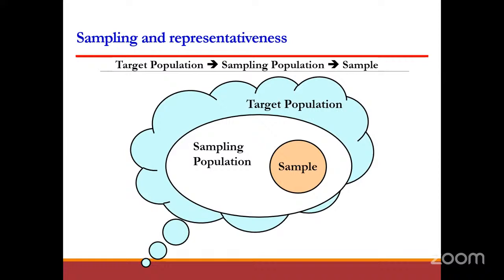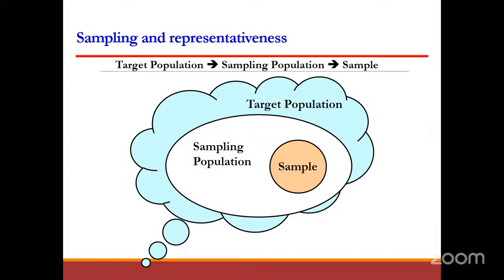Suppose we are sitting in Mumbai, so we are having some study based on Mumbai, maybe based on some specific health issue. So our target population is the Mumbai megacity, metro city population. But there are lakhs of population, so it is not feasible. It is not possible to have information on all the individuals within the target population.